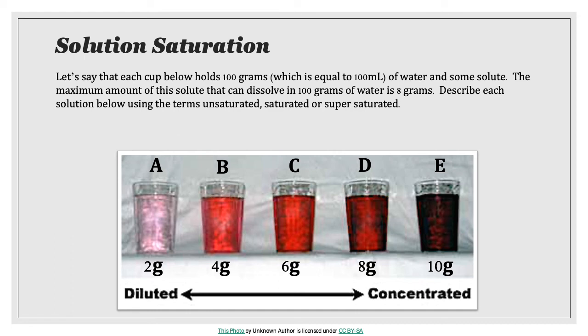We don't know what the solute is, but we know that the maximum amount of this solute that can be dissolved in 100 grams of water is 8 grams of the solute. Okay, so we can only get 8 grams of this solute to dissolve for every 100 grams of water. So we need to use that information to describe the solutions below using the terms unsaturated, saturated, or supersaturated.